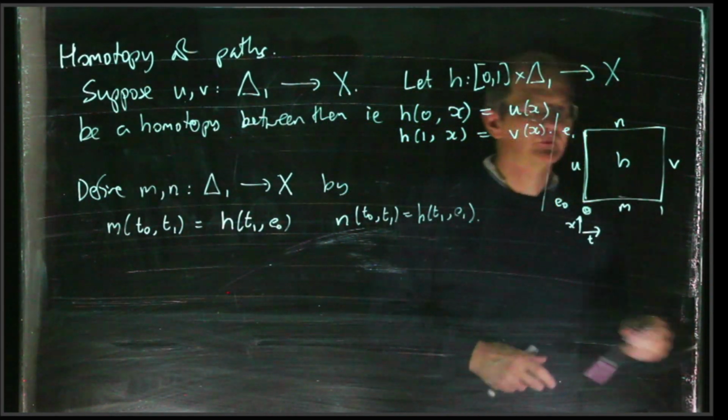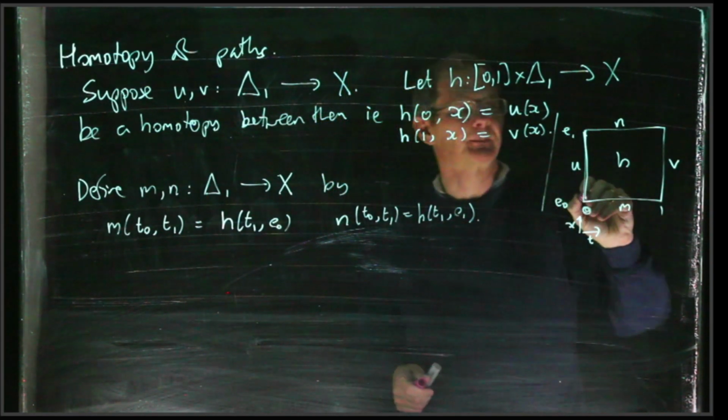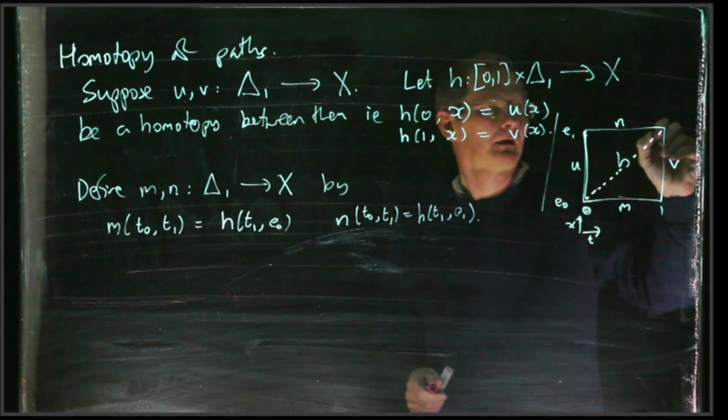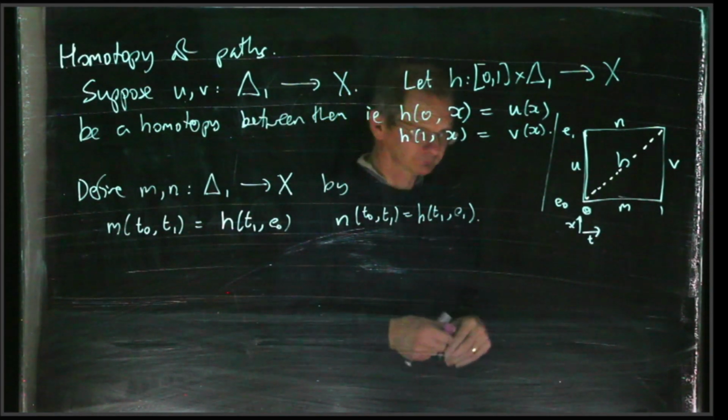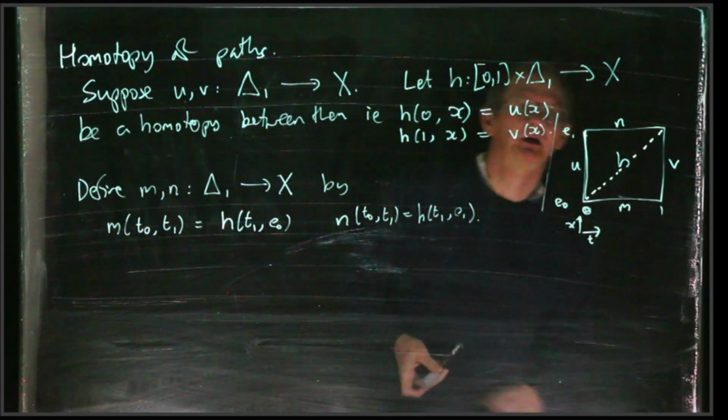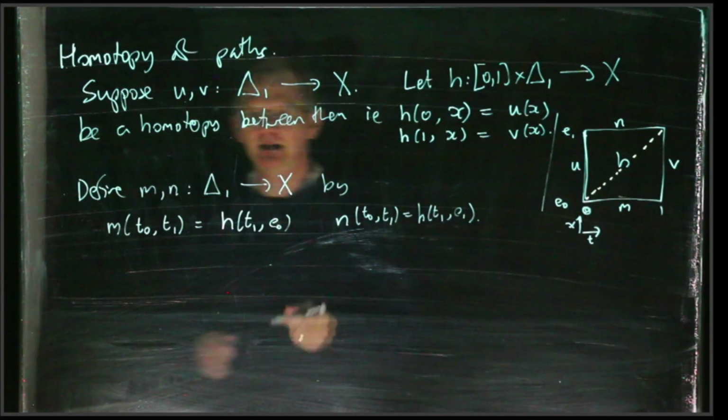And we've also got some two simplices appearing in this picture. You see, we can split the square across the middle like that.